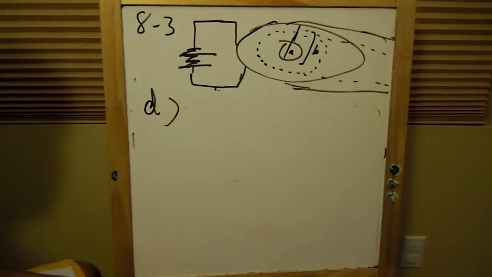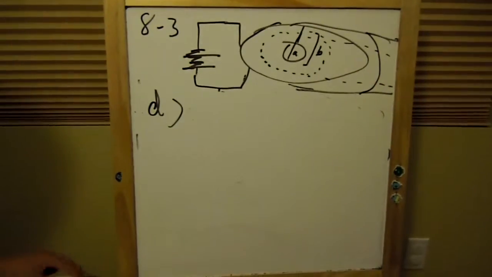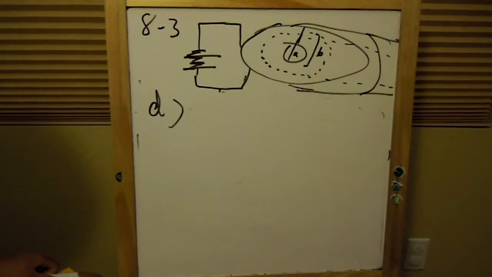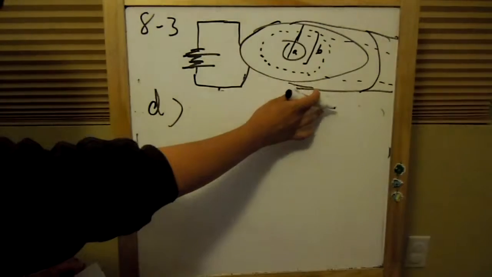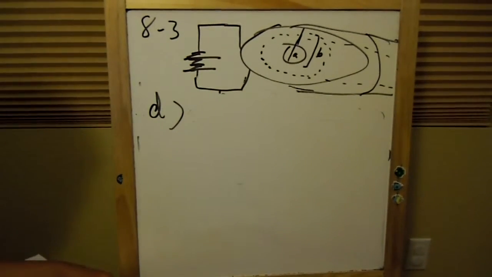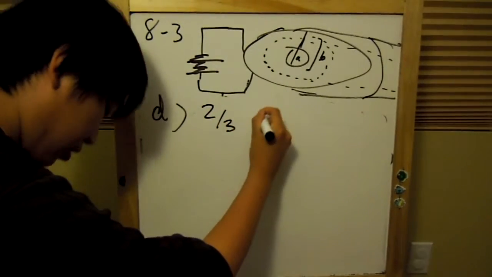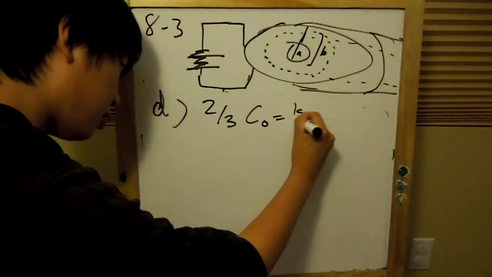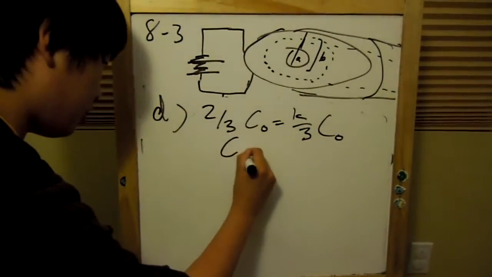So for part D, basically, we insert a dielectric, and that's going to change the capacitance of this. And here is the system of equations that define the changing capacitance. Alright, and then C2.